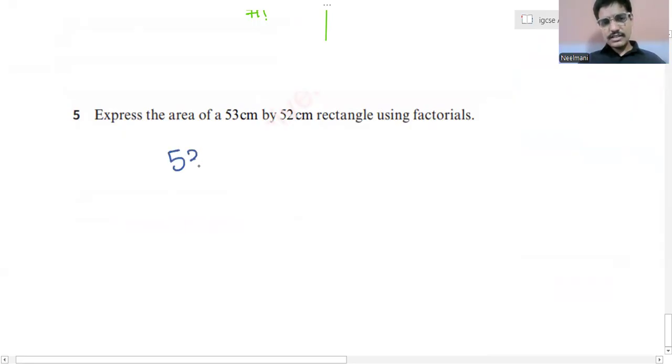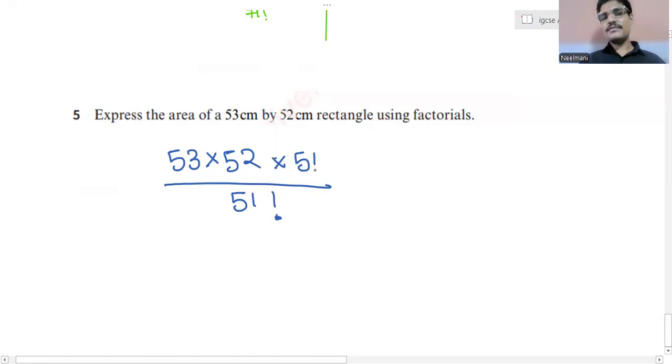So 53 into 52. Now, I don't want 51 here. So what do I do? I would divide this whole thing by 51 factorial and multiply it by 51 factorial, to get 53 factorial upon 51 factorial. It was as simple as that.